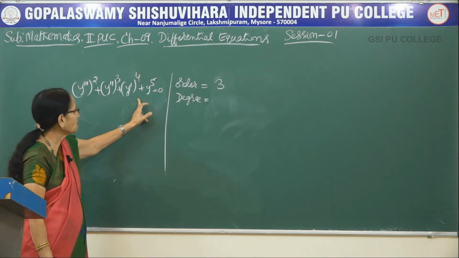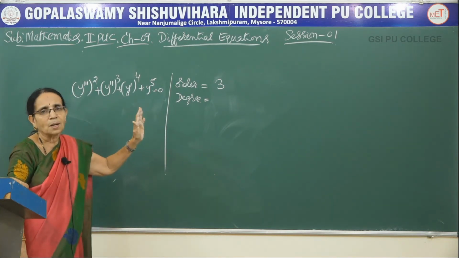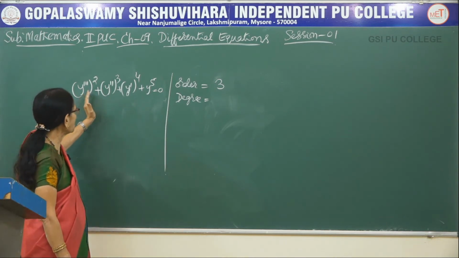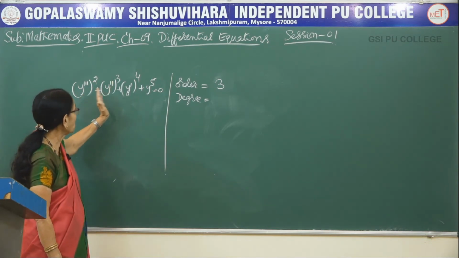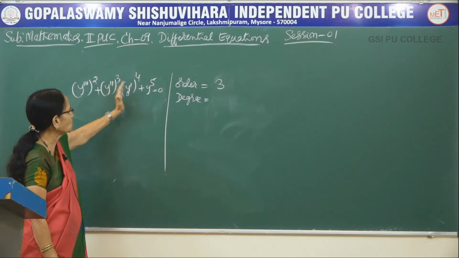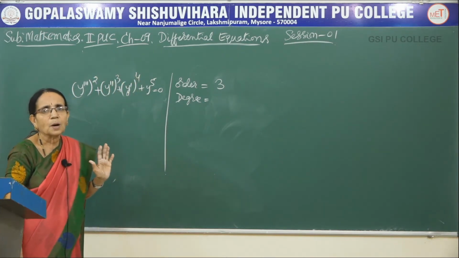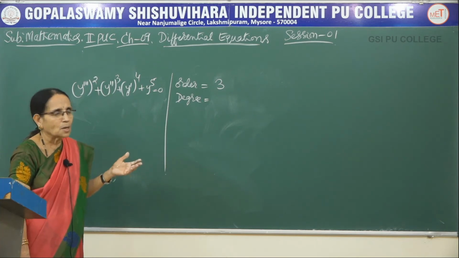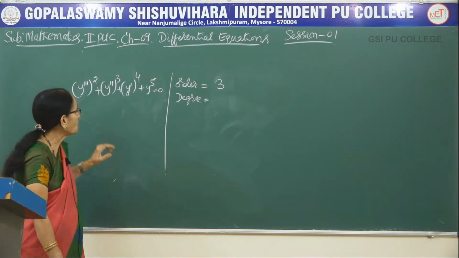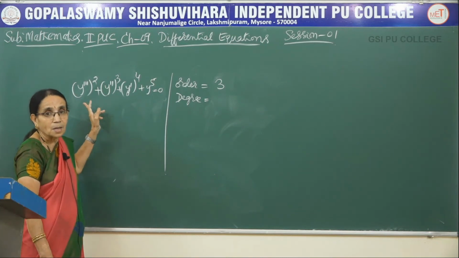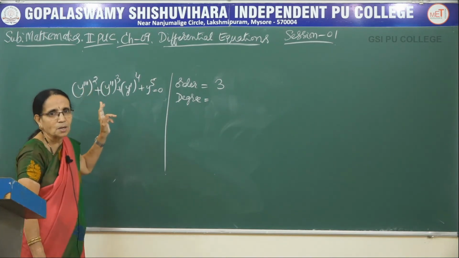Now look at the degree. You can clearly see that it is a polynomial in the derivative: (y''')², (y'')³, (y')⁴ plus y⁵. Now the highest order derivative is y''', isn't it?